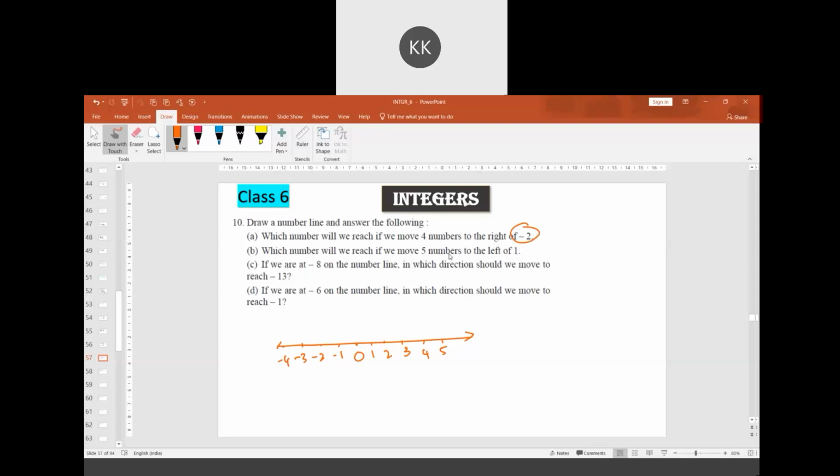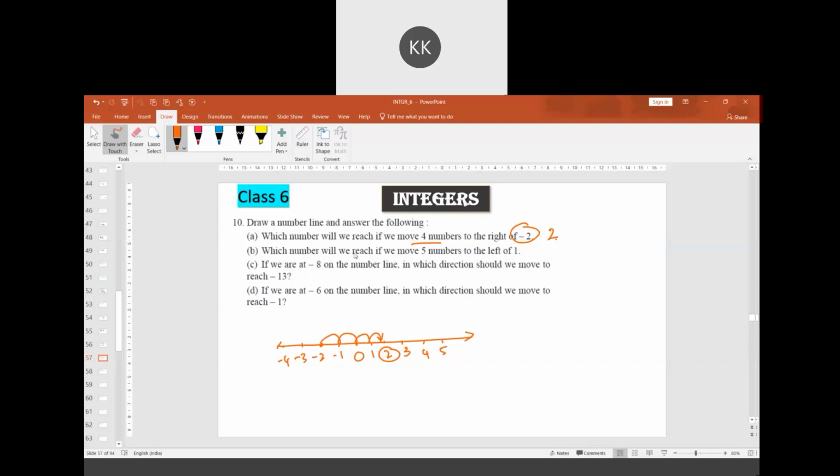We have to locate minus 2. From here, we move 4 numbers towards the right: 1, 2, 3, 4. We'll reach positive 2.